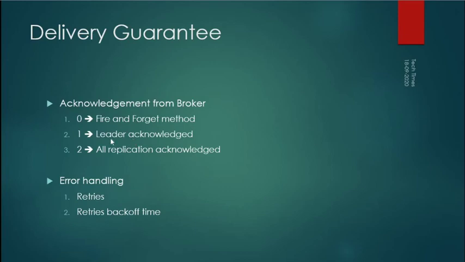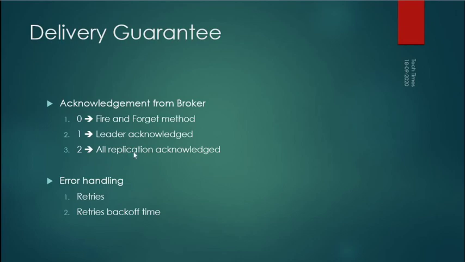Whenever the leader has received that message, at that point of time we confirm that the message is received and the acknowledgement is sent back to the producer. Or we can set it to all, and then the leader and the replicas, everyone has to receive that message before the acknowledgement is sent to the producer.